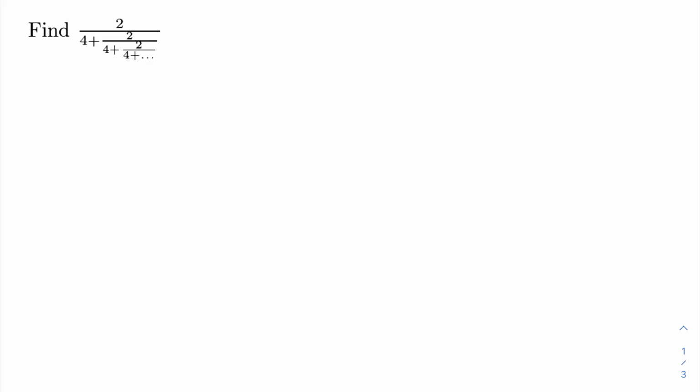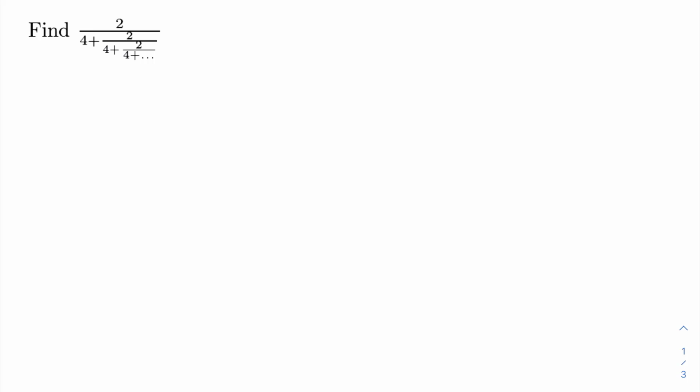Now let's look at this. This pattern is 2 over 4 plus 2 over 4 plus 2 forever, which is the same exact thing as this pattern, the entire thing.